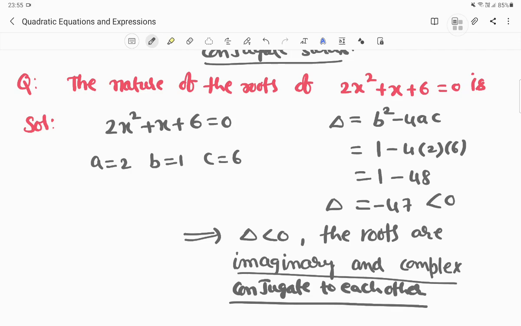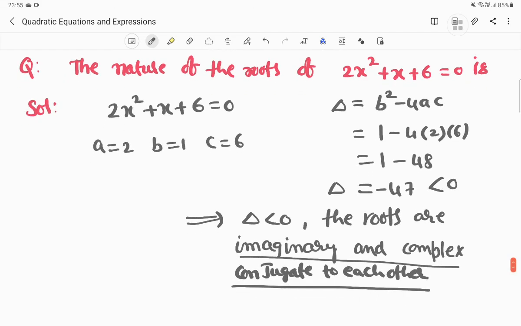If the roots are k times alpha, k times beta, the required quadratic equation is f(x/k) = 0. These are the models we will discuss in the next video, like some synopsis I will give, and different models also I will discuss in the next quadratic equation video.